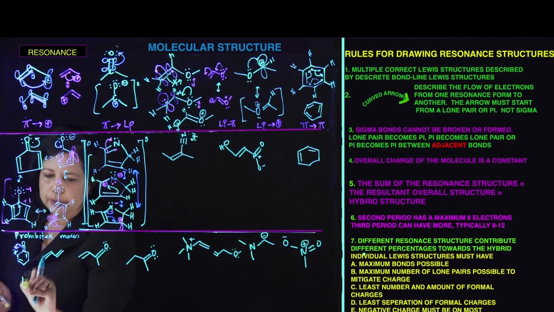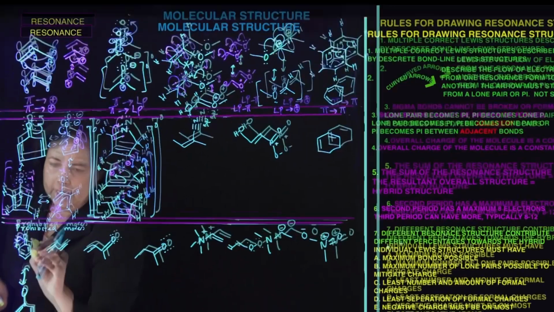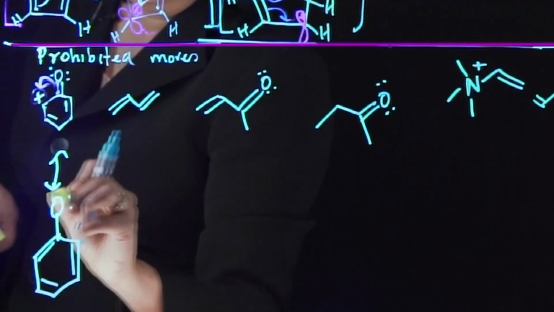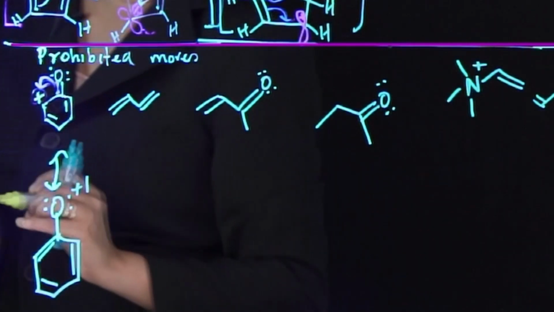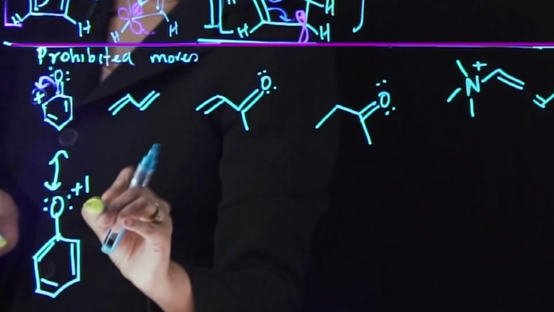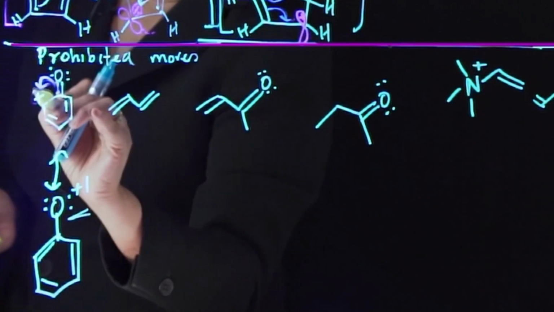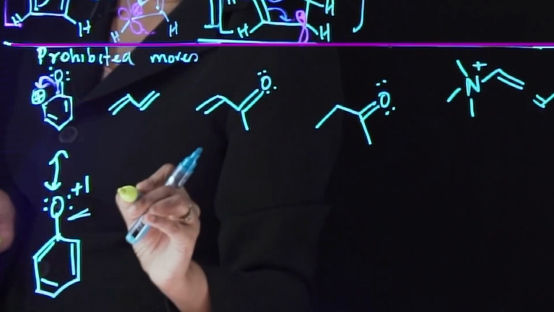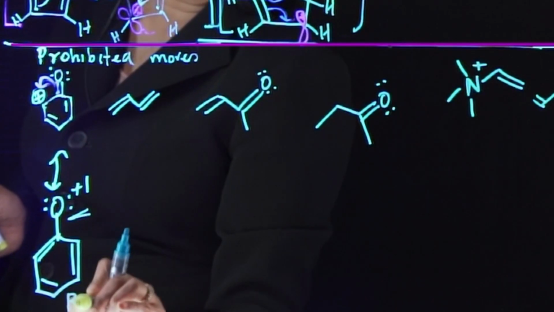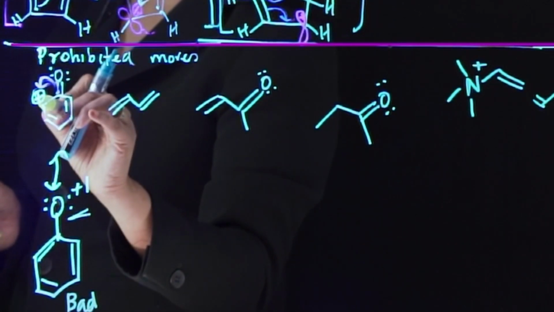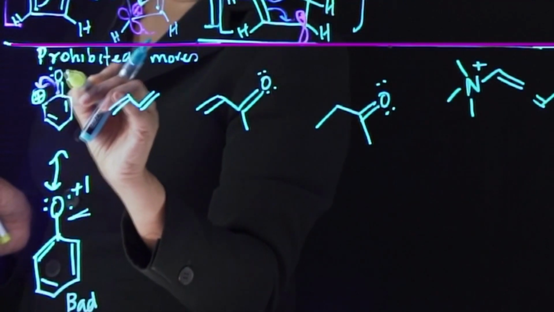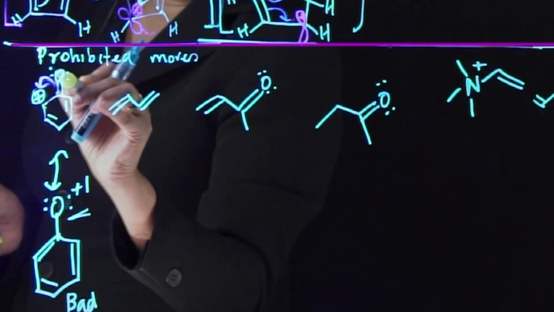Look what we get if we do that. If we do that, we're going to get a pi here, and your oxygen now is going to be 6 minus 5 plus 1. So this is never going to be acceptable. It's better to put the positive on the carbon. So this is bad. So you will never take a pi and move it over here to a positive if it's connected to an oxygen.